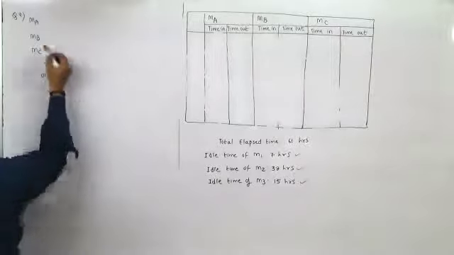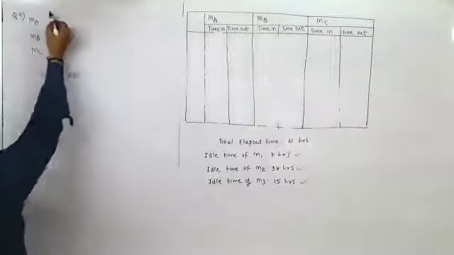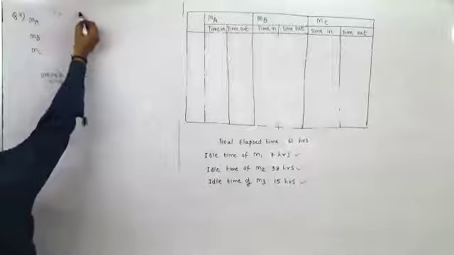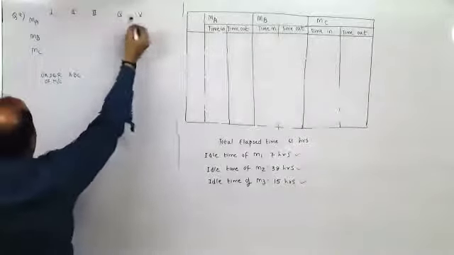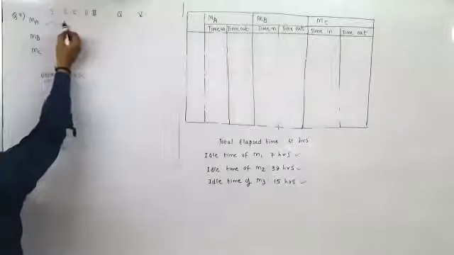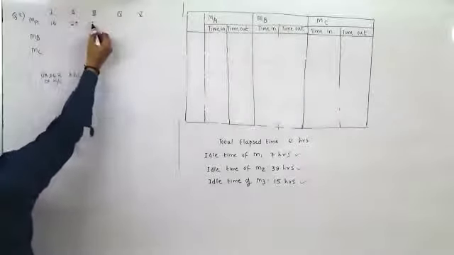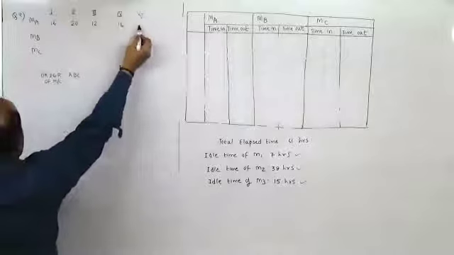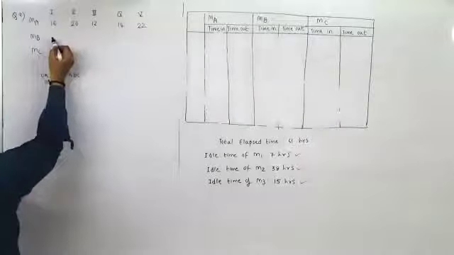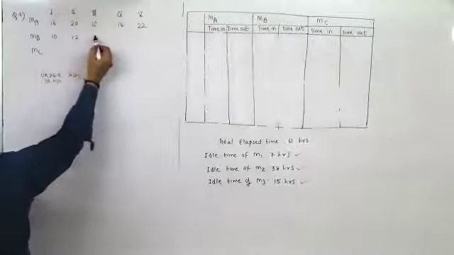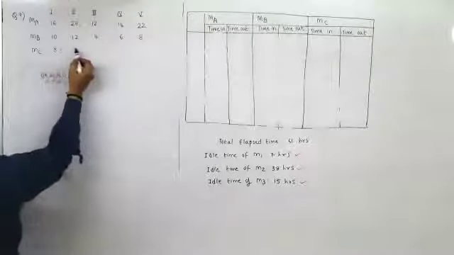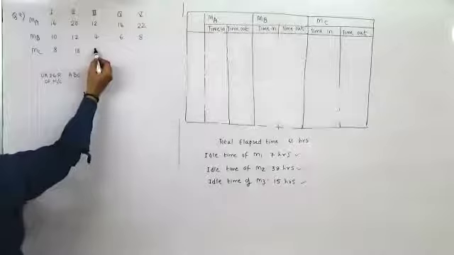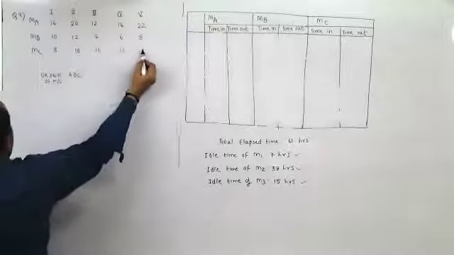If it is ACB, write A here, C here, B here. Now machine A: 16, 20, 12, 14 and 22. Machine B: 10, 12, 4, 6 and 8. Machine C: 8, 18, 16, 12 and 10.